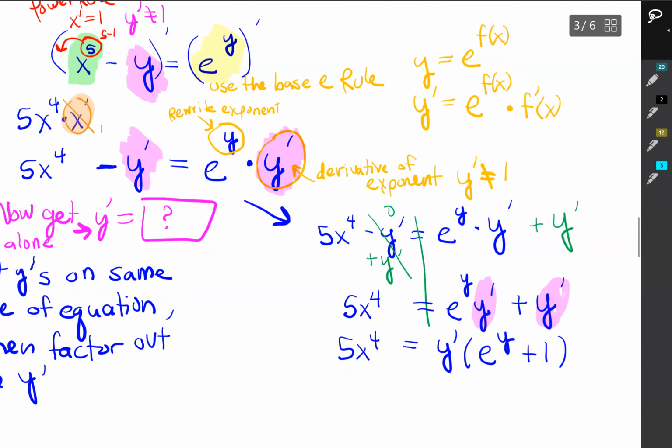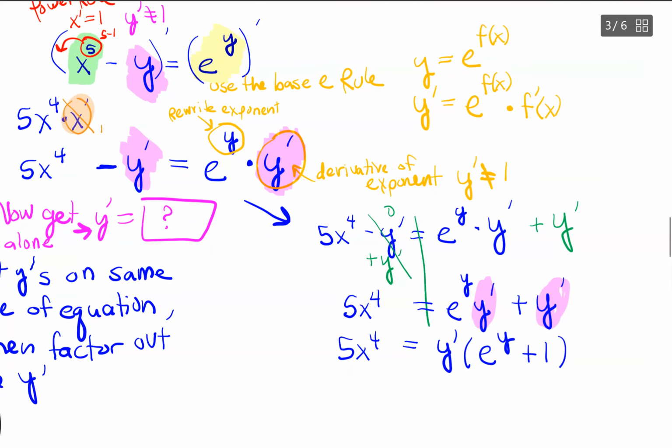So now see how my y prime is in one location. I'm going to highlight it just to show myself it's in one location now. That y prime is being multiplied by a binomial, so all I need to do to get it alone is divide by that yucky binomial on the left, divide by the yucky binomial on the right.